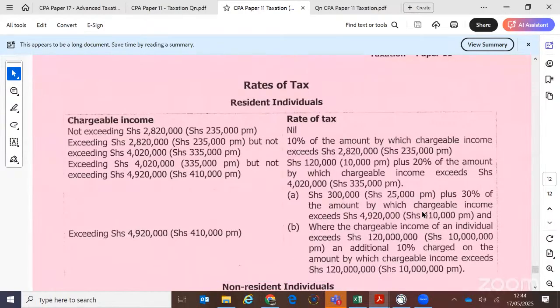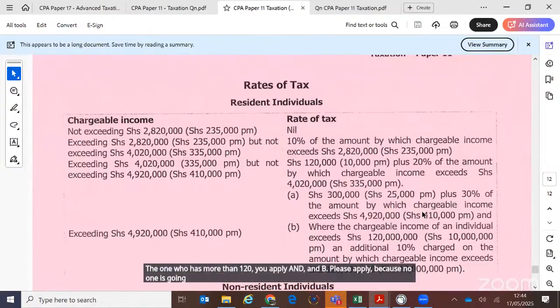So the first one, calculate as if the employee chargeable income is 110. And the other one is 150. So we say the one who has less than 120, you only apply A. The one who has more than 120, you apply A and B. Please apply, because no one is going to apply it for you in the exam.